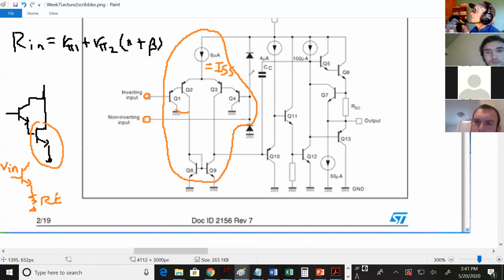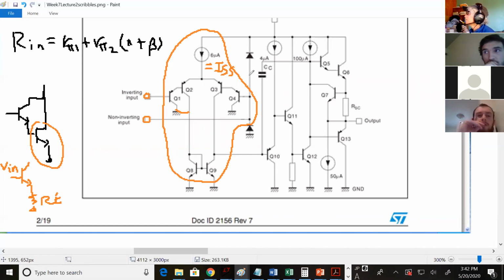So there's very little current going through this diff pair as compared to later stages. Why might that be? Why might you design for that? Again, think about what you like in input stages.